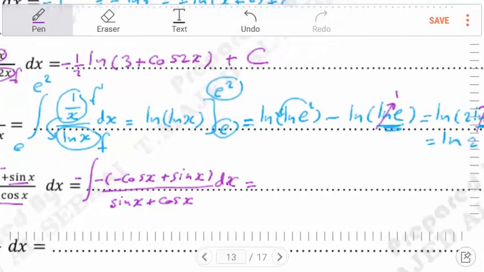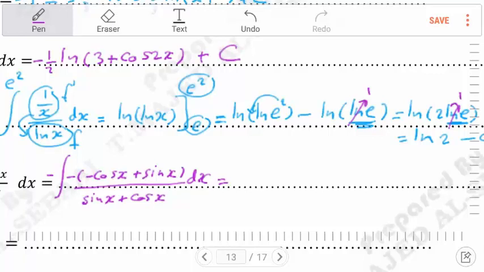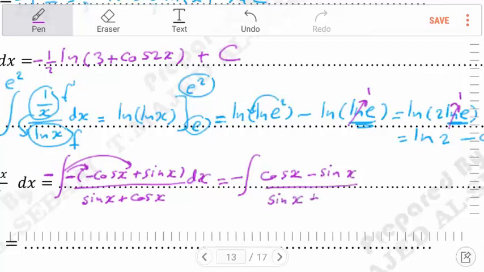This step that I have done is correct, because I just added this minus and this minus. I did nothing, actually. Now, what is the benefit? The benefit is I will take this minus inside. So it's going to be minus integration of minus cosine x, minus sine x over sine x plus cosine x dx.